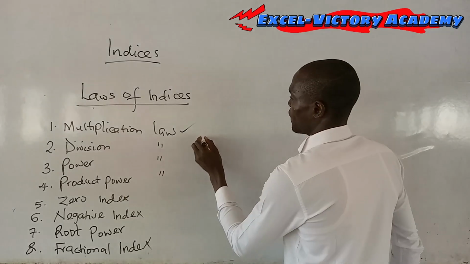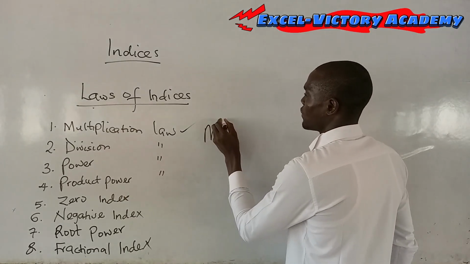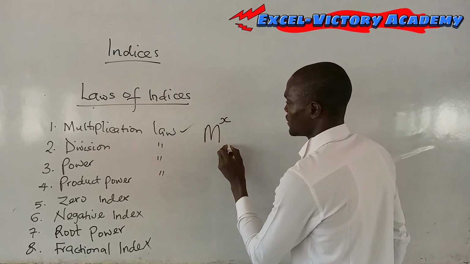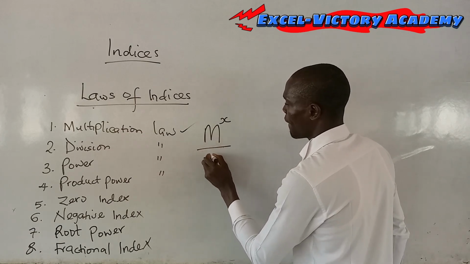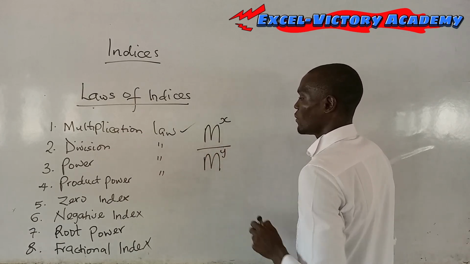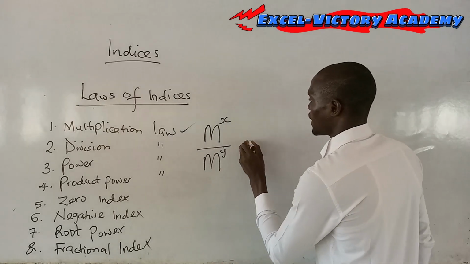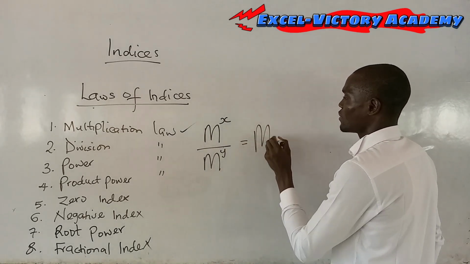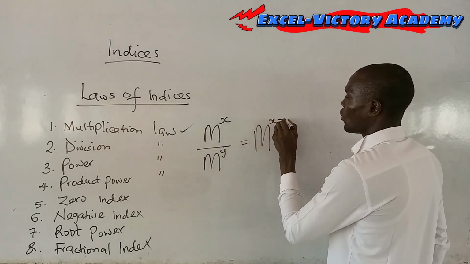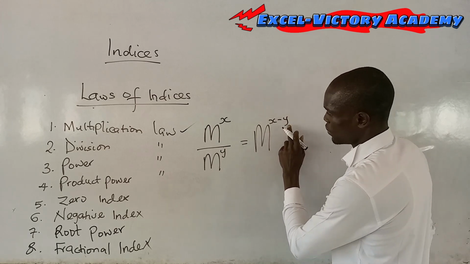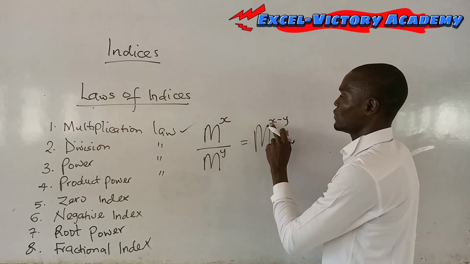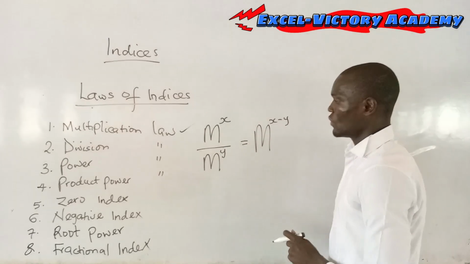For instance, if you have m raised to power x dividing m raised to power y, the law states that you should subtract the power of the divisor from that of the dividend.